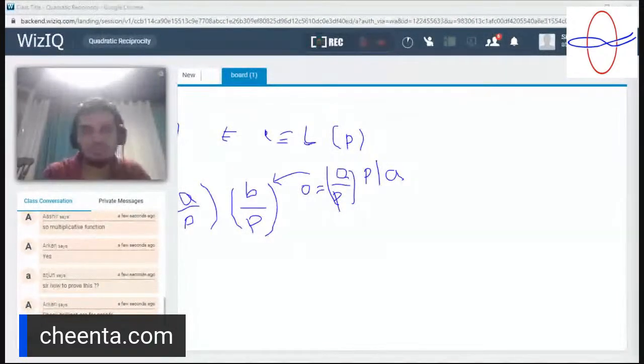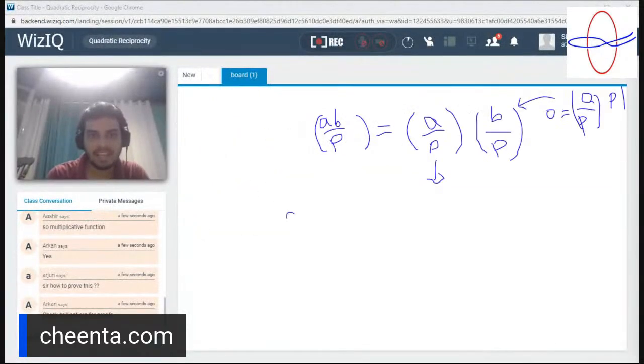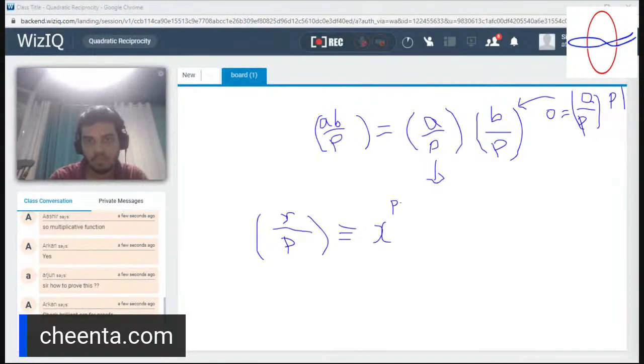The proof for this is pretty simple. We have already shown that (x/p) is congruent to x raised to (p minus 1) by 2. Correct?